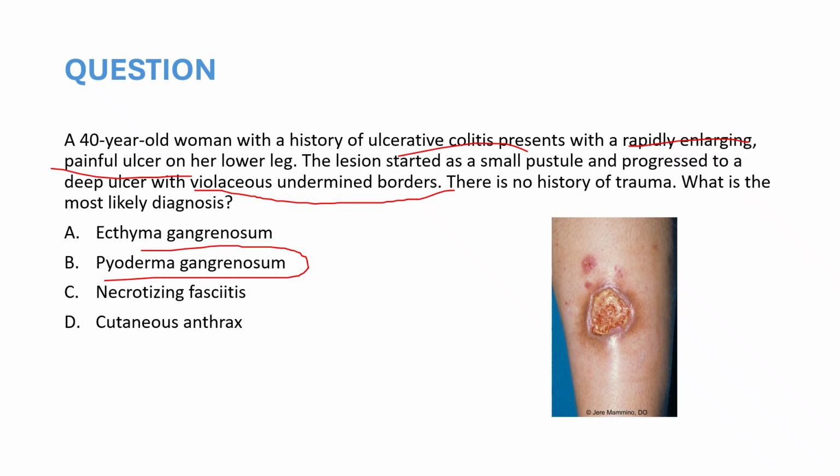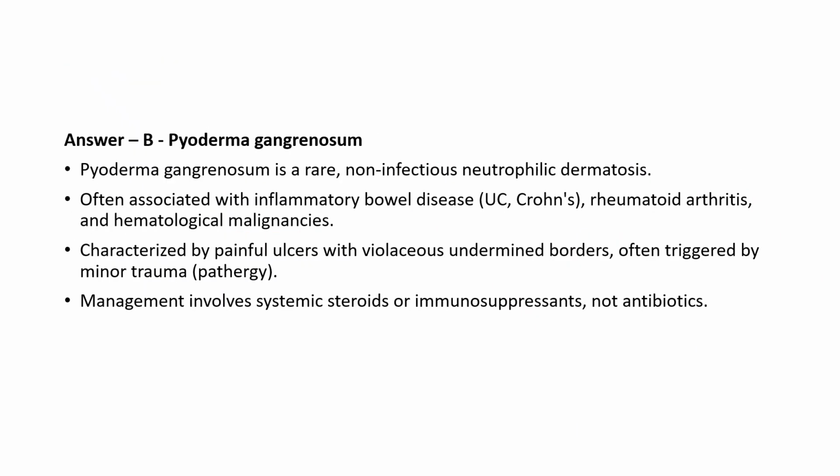Cutaneous anthrax is a cutaneous manifestation of anthrax, Bacillus anthracis. So this is pyoderma gangrenosum: violaceous border, painful ulcer over the shin in a patient with IBD. Think of pyoderma gangrenosum.